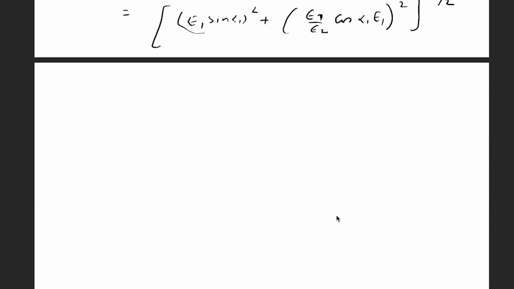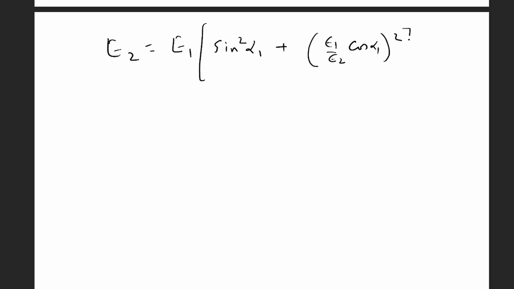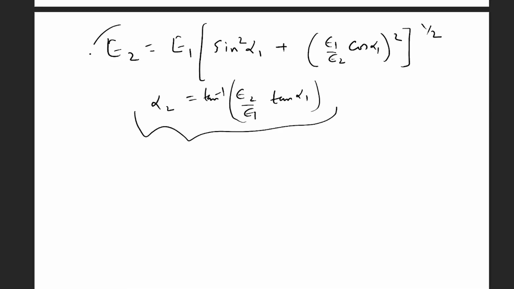So in this way, E2 is found to be E1 times sine square alpha 1 plus epsilon 1 by epsilon 2 cos alpha 1 squared, whole to the power 1 by 2, and the angle alpha 2 is equal to tangent inverse of epsilon 2 by epsilon 1 tangent alpha 1.